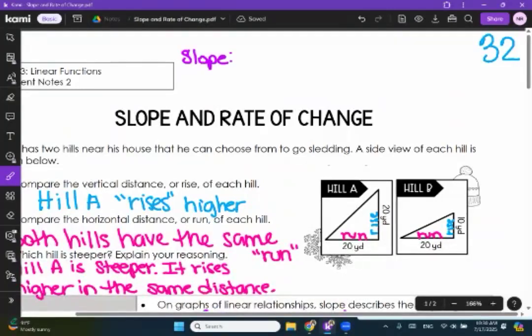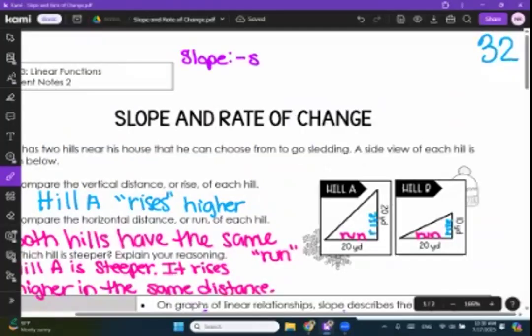And while we're on that, different words for slope. Words that they can use in the place of slope, because on the STAAR test it's not always as easy as what is the slope of the line, right? They can ask what is the steepness. Rate, ratio is another word.